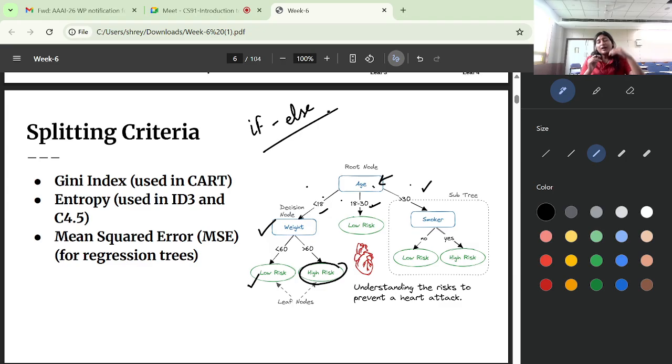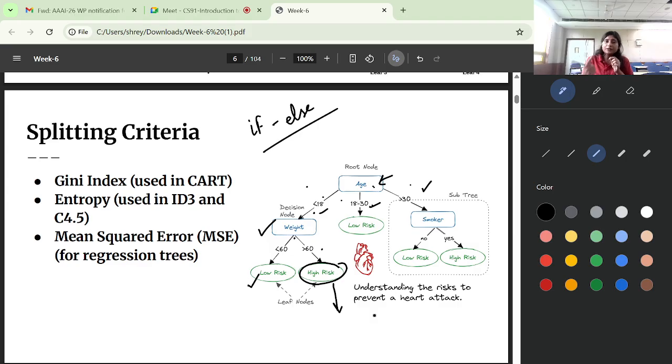So when you make decisions in your daily life, you go by this if-else condition many times. In a similar way, the decision tree is also based on if and else conditions. So if the age of the person is less than 18 and the weight is greater than 60, then it has high risk of heart attack. Similarly, other criteria are also built up in this decision tree.